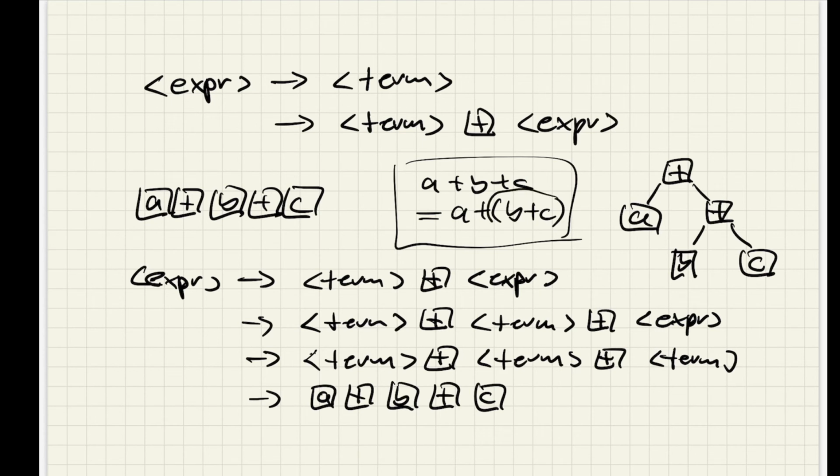And that means you first have to compute that, and then you can compute the complete sum. And in this case, you would say that this grammar specifies that the plus operator is right associative. And these terms, left and right associative, you see in this table.